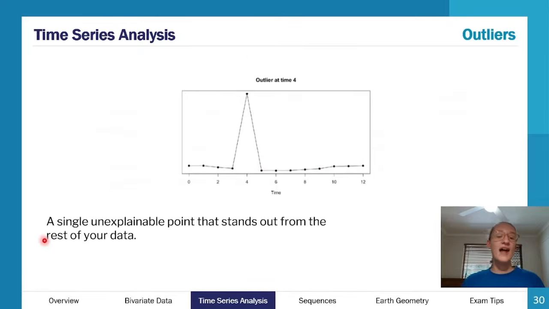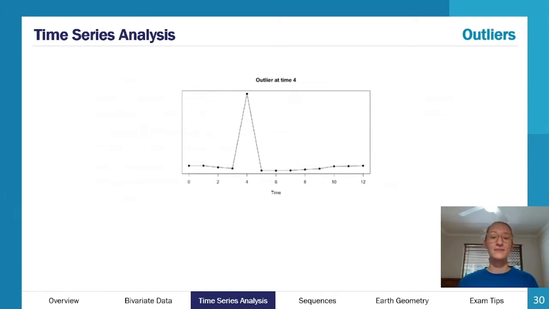However, here with our outlier, we have a single unexplainable point that stands out from the rest of your data. So this is going to be really important to take into consideration when we are discussing our time series plots, because that is a factor that's very much influencing our data, and it's something to be able to discuss when we're just looking at patterns and what we see.